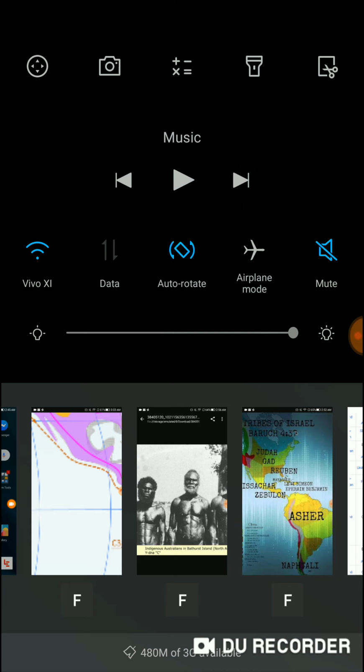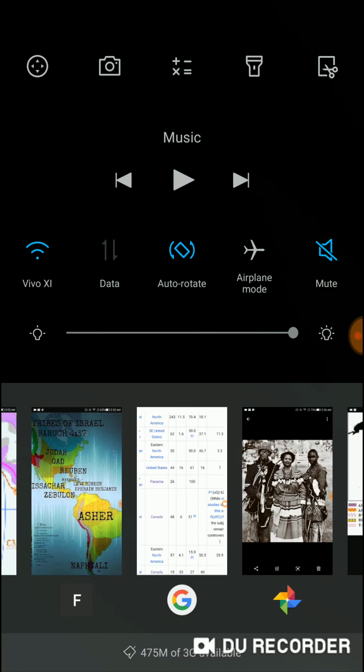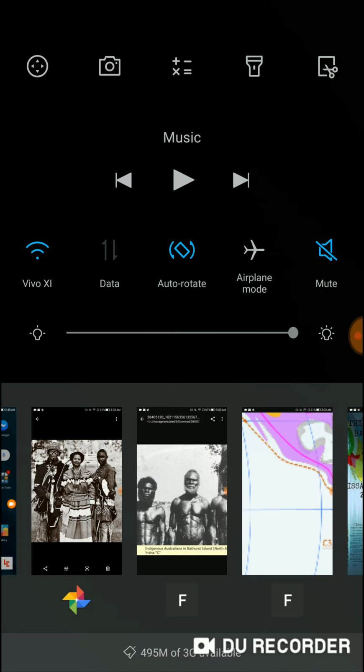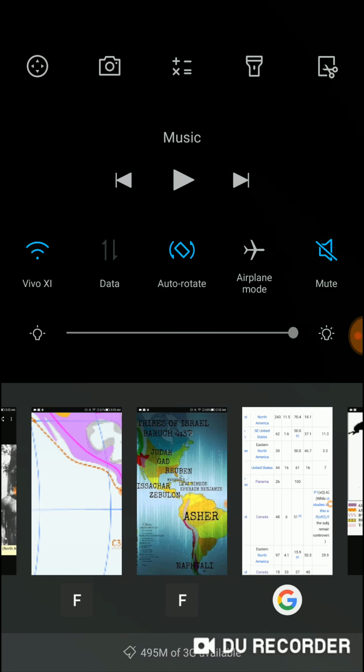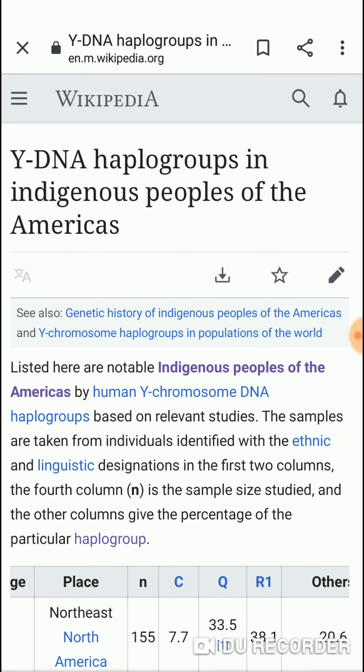So let's move on. So real quick, once again, these are the Shemitic Moabite people. So now we have to get into Seminoles. So this would be your Japhetic grouping of Seminole Native Americans. So now we'll get into this white DNA chart of the Americas.